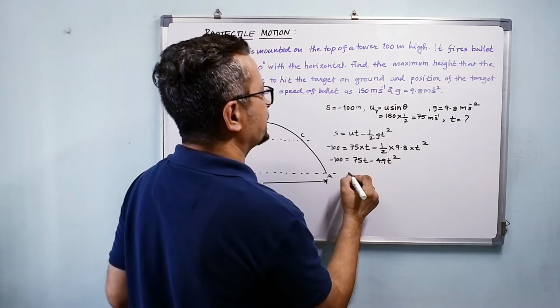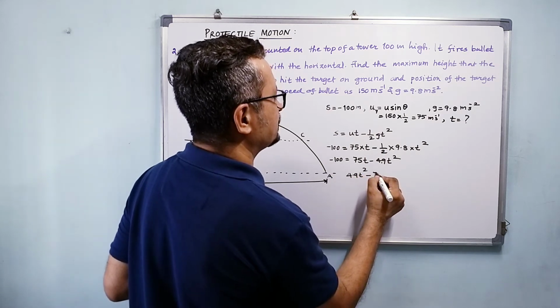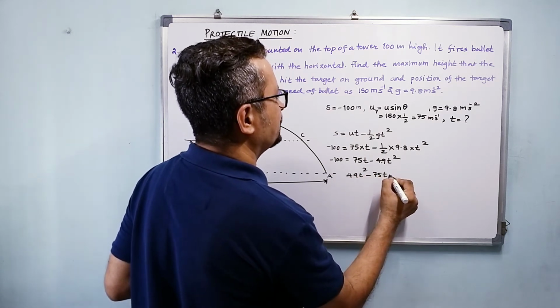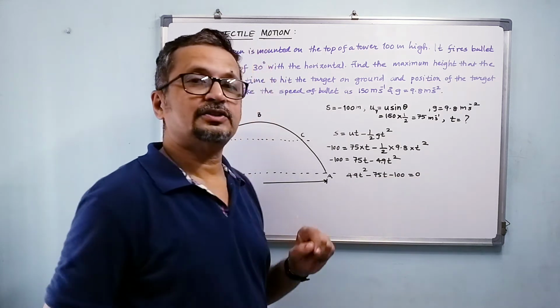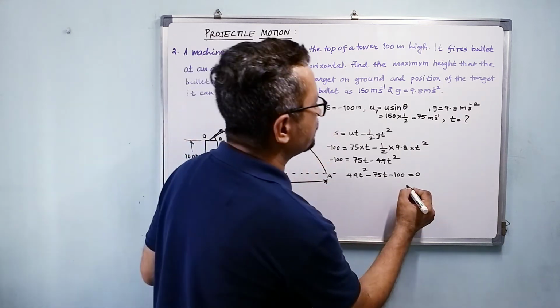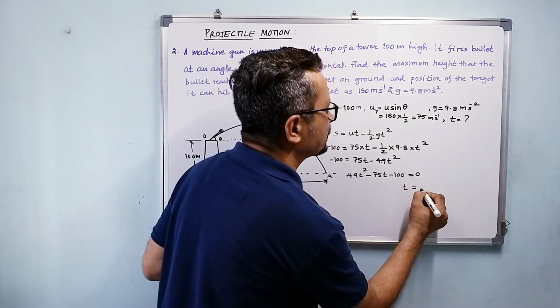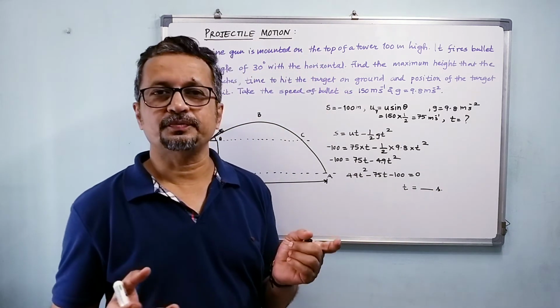So my quadratic is 4.9 T square minus 75T minus 100 is equal to 0. So by solving this quadratic, you find T. So you will get some value of T here. Okay, so many seconds. Now what do we do?